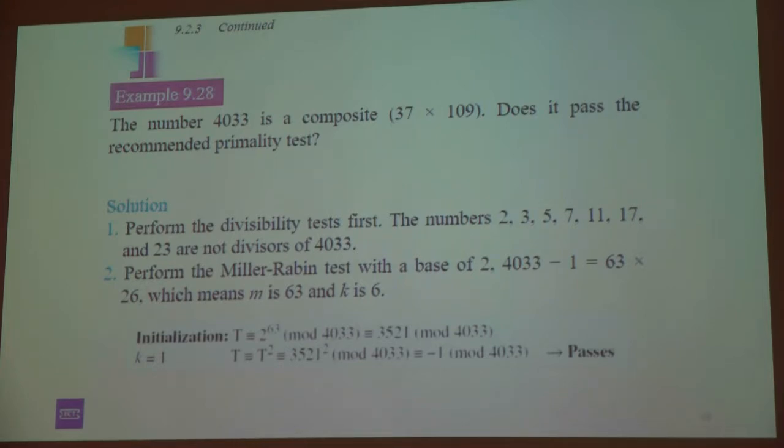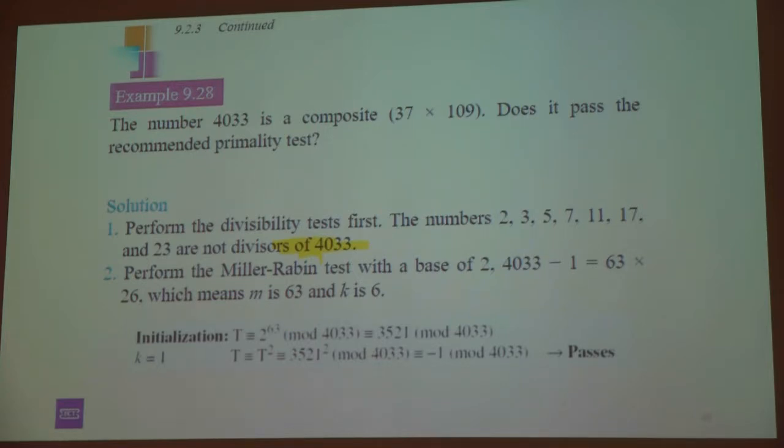First of all, we perform the divisibility test. What do we do with the divisibility test? We take the square root and check the prime numbers less than the root. So 2, 3, 5, 7, 11, 17, 23 are not divisors of 4033. The second step, we apply the Miller-Rabin test with base 2.